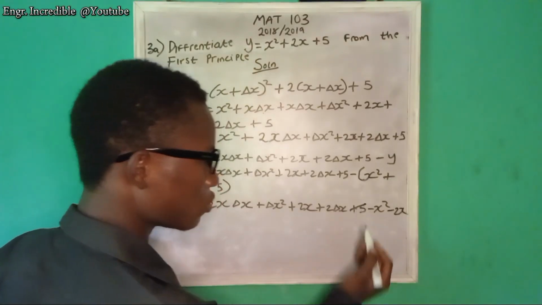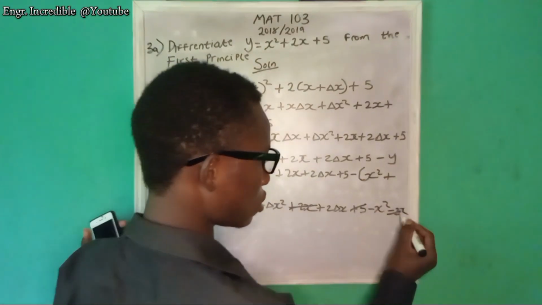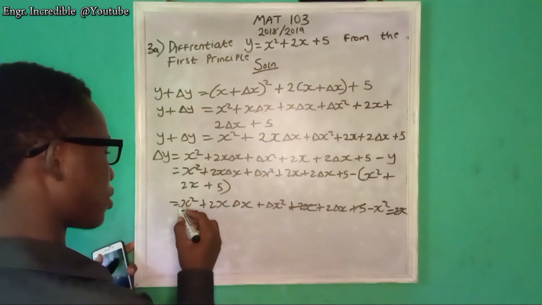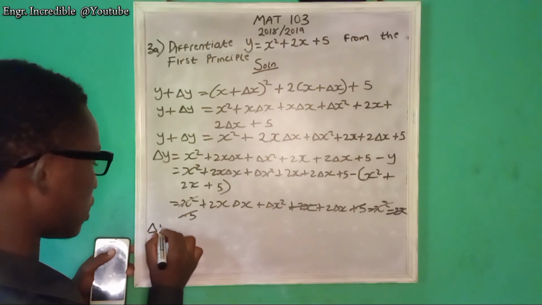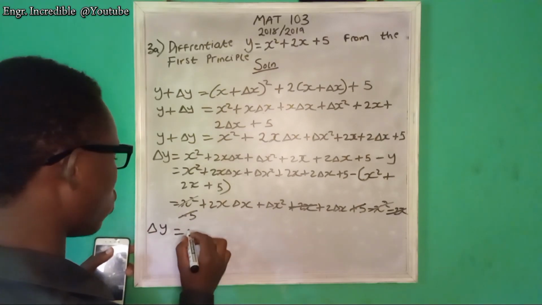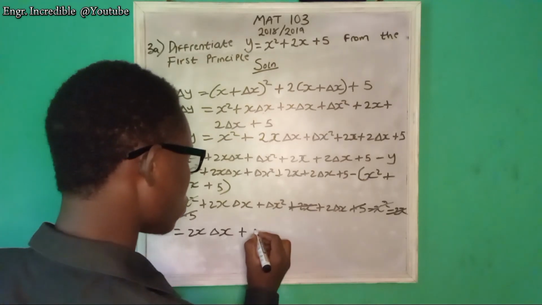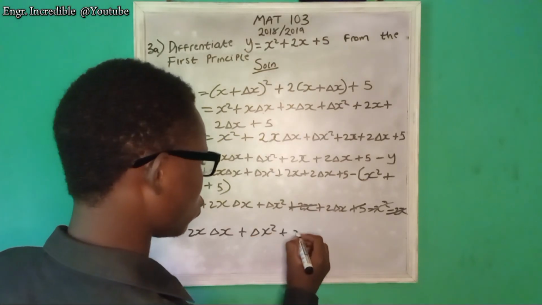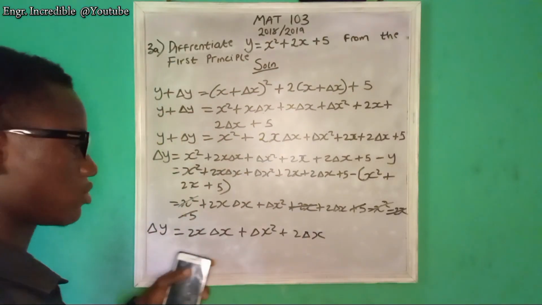Therefore, they go away with each other. We have minus 2x, we have plus 2x, they go away. And we have minus x squared and we have x squared here, so they go away. So what is left of it is that delta y is equals to 2x delta x plus delta x squared, then plus 2 delta x. So this is what is left of the equation.